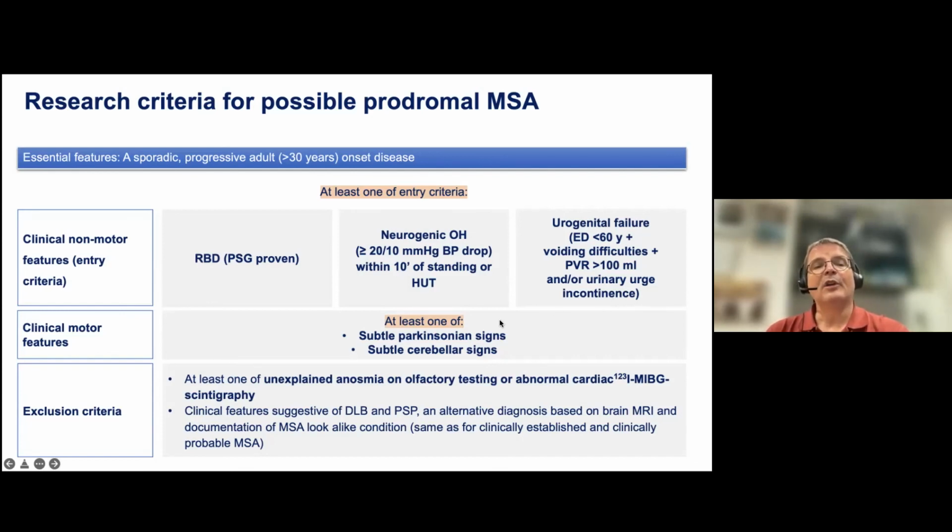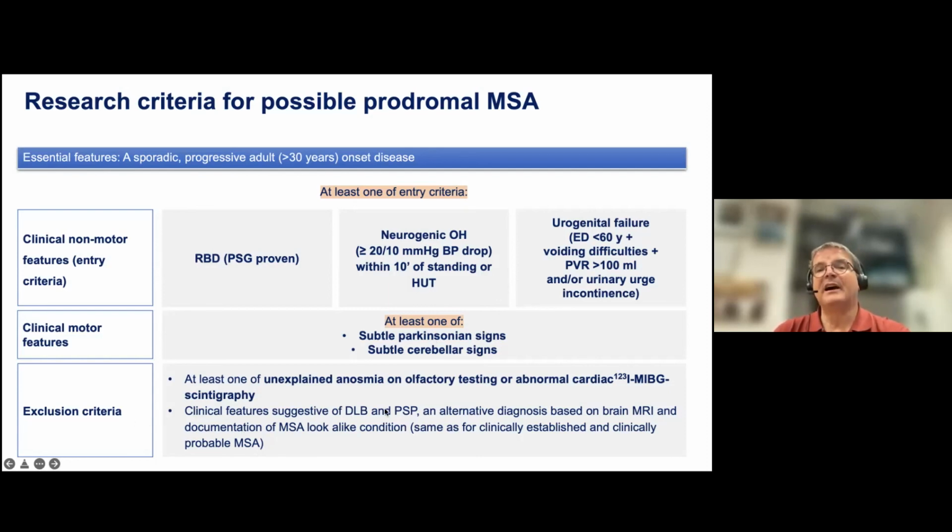And these non-motor features need to be associated with a certain subtle degree of motor involvement, including subtle Parkinsonian signs and subtle cerebellar signs. So in the absence of these motor signs, it's still going to be impossible to presume that this is possible prodromal MSA. It could also be Parkinson's disease or something else.